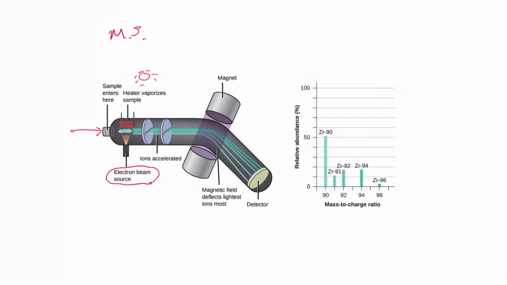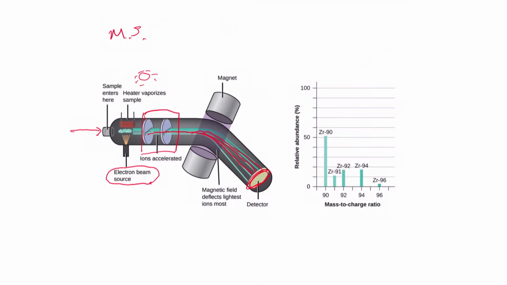They pass through these plates, very similar to what you saw in the oil drop experiment and in Thomson's experiment, which causes them to accelerate. And then they enter this curved part and they bend. They're going to bend a certain amount depending on how heavy they are. Okay, so the mass will affect how much it curves. Some of the heavier ones might deflect a little bit less, and the lighter ones might deflect a little bit more.